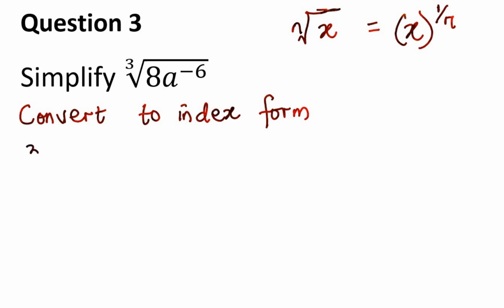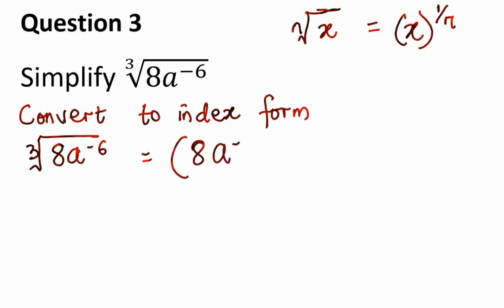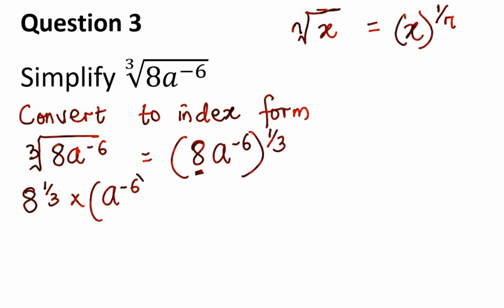So the cube root of 8a to the negative 6 is the same as (8a to the negative 6) to the power of 1 over 3. Now we need to apply the power to each factor: 8 to the power of 1 over 3, times a to the negative 6 to the power of 1 over 3.